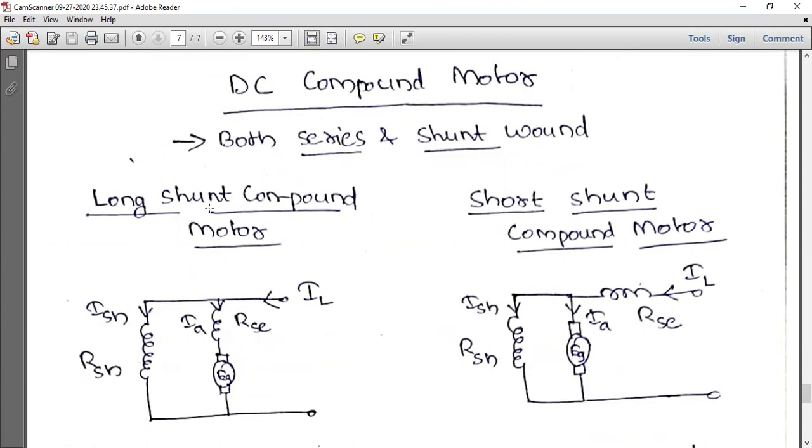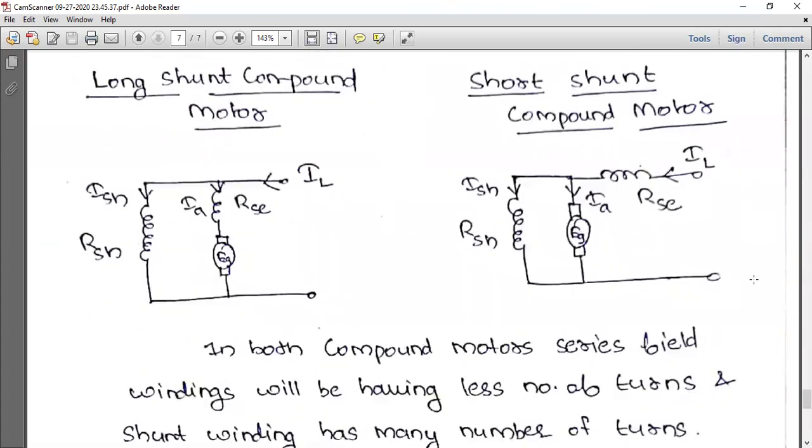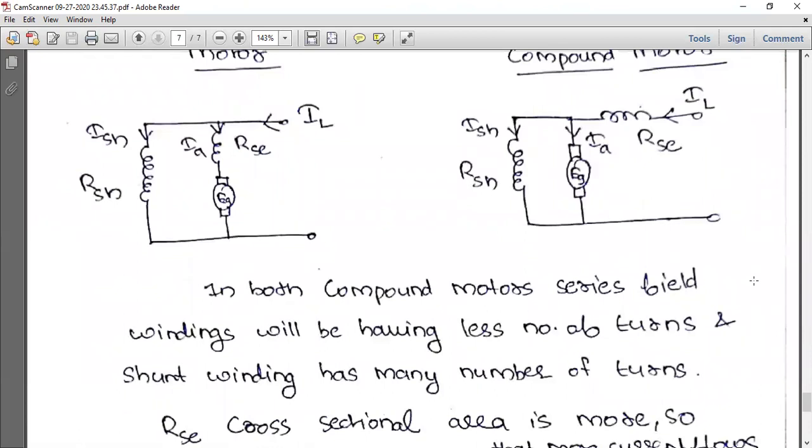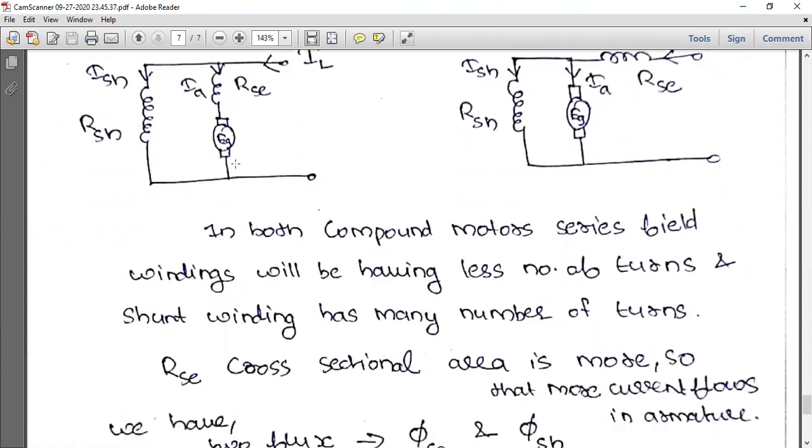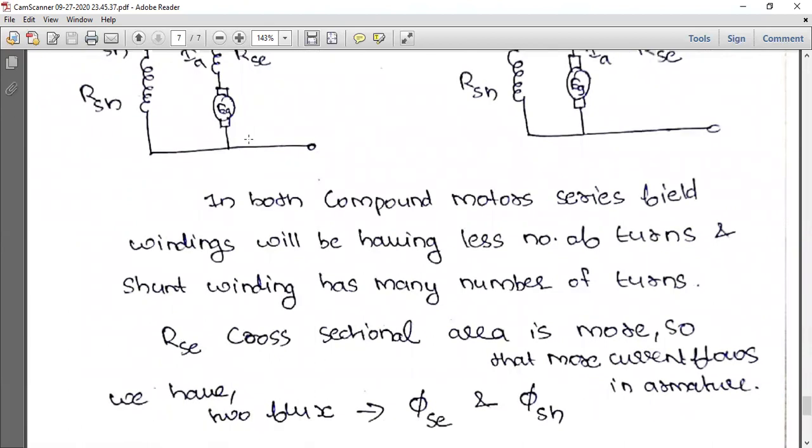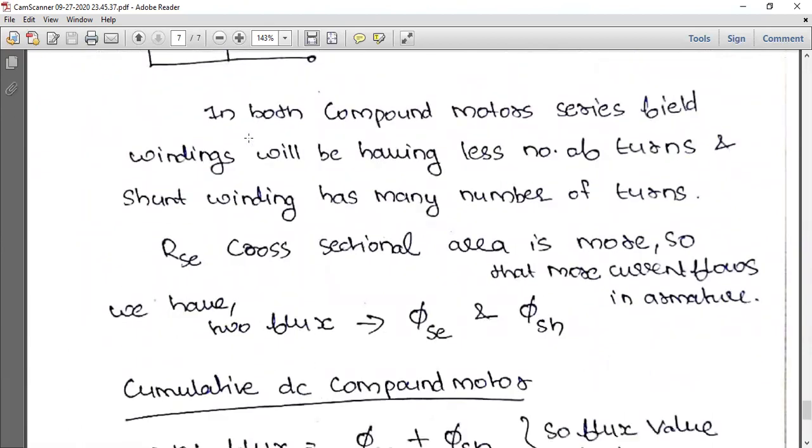In both compound motors, the series field winding will have fewer turns, and the shunt field should have many turns. Also, the series field winding has a larger cross sectional area, which means resistance will be less and more current will flow through the armature and more EMF will be generated.